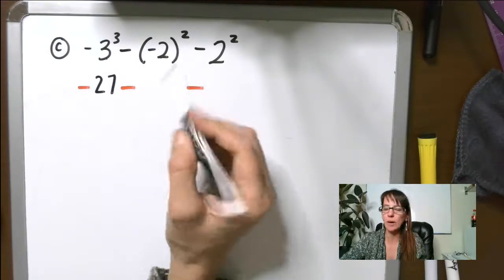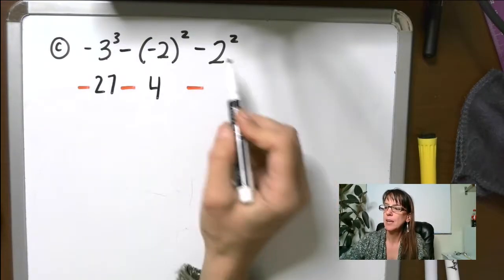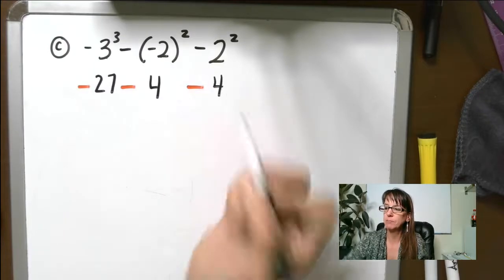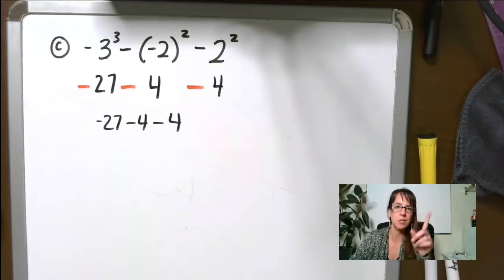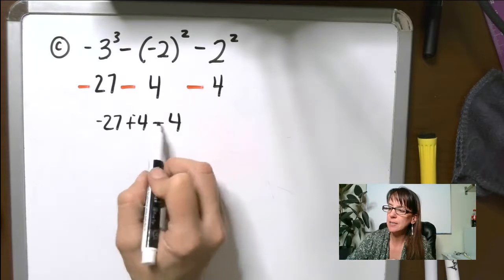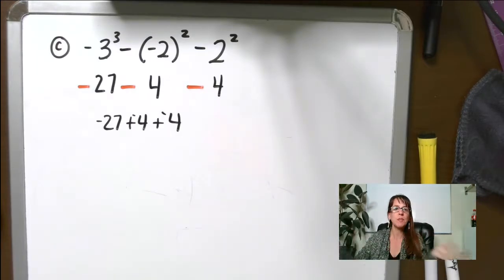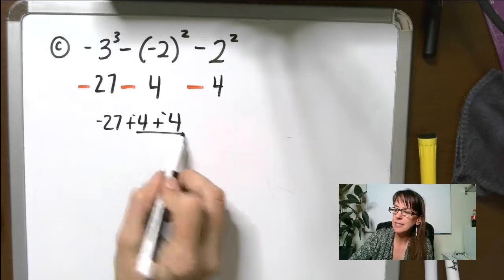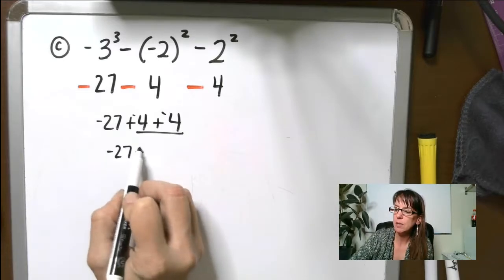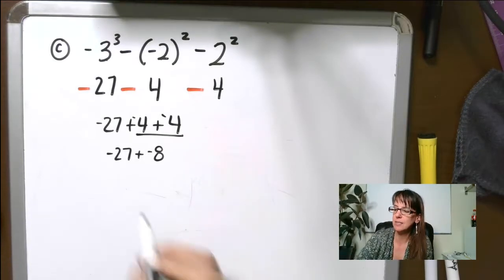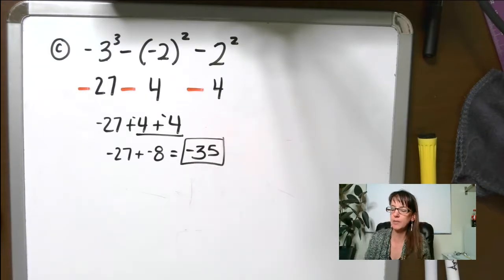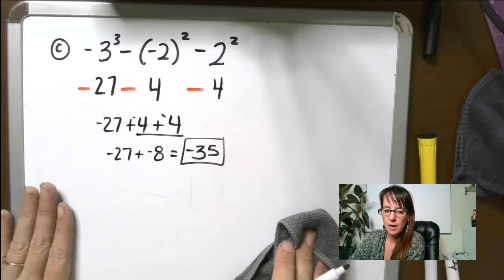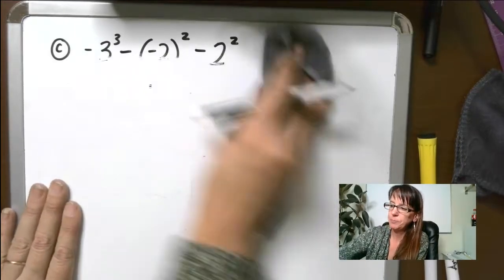Quantity -2 squared is going to be +4. And this is going to be +4. So now what we have is -27 minus 4 minus 4. We don't subtract, we add the opposite, okay? So now we have a bunch of negatives. So this is -27 plus -8, that's going to give us -35. All right, so that was for C.